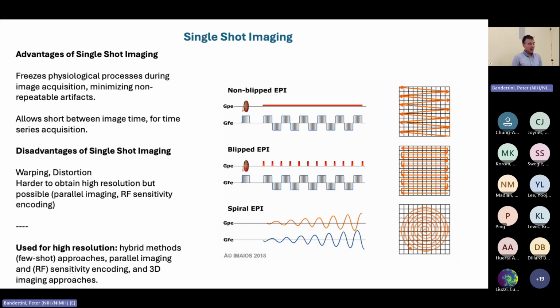There are ways of correcting that. I don't know if that's the answer you were expecting, but I'll add one more nuance. People typically do 3D imaging to go to really high resolution, if they want a whole volume at very high resolution.